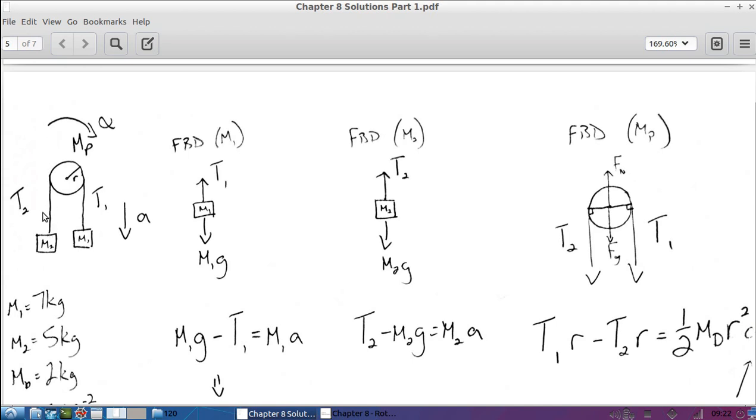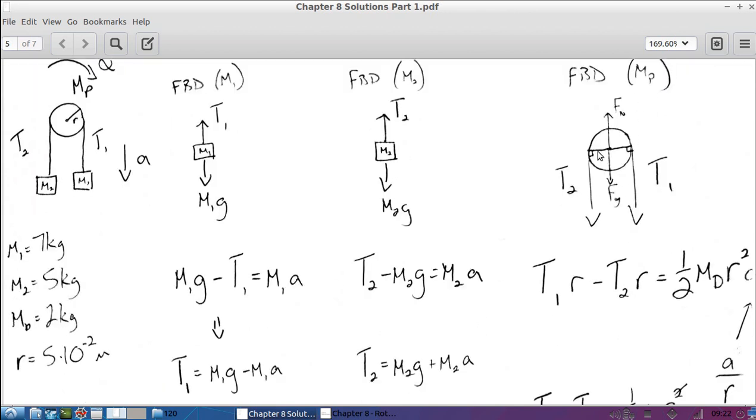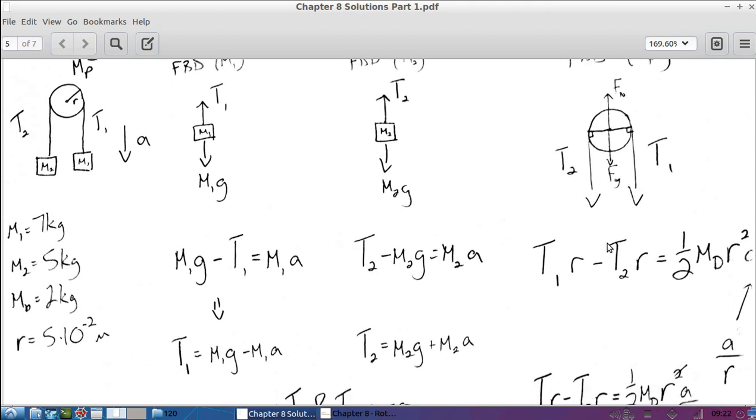T2 is positive, M2g is negative. That's equal to M2a. Newton's second law for the pulley is the sum of the torques on this object is equal to its moment of inertia times its angular acceleration. Alright, so for an object that's rotating, my Newton's second law is tau equals I alpha.